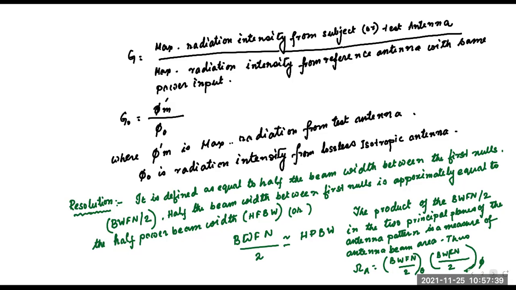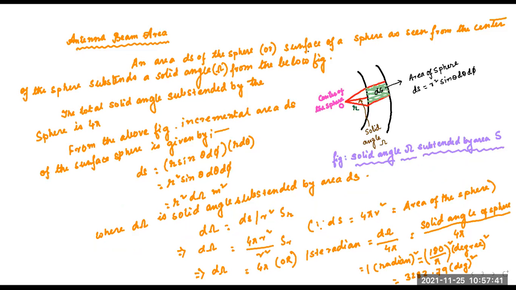Next, we talk about the antenna beam area. That is the solid angle, and I got the formula d sigma is equal to ds by r square, where ds is r square sine theta d theta d phi. That is the area of the sphere.